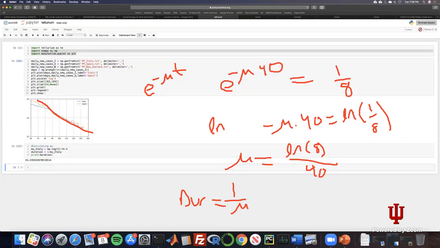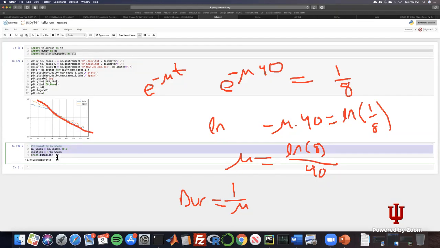I guess 1/8 was Spain, sorry. 1/5 was Italy. So the duration of the illness is about 3 weeks, which is about right.